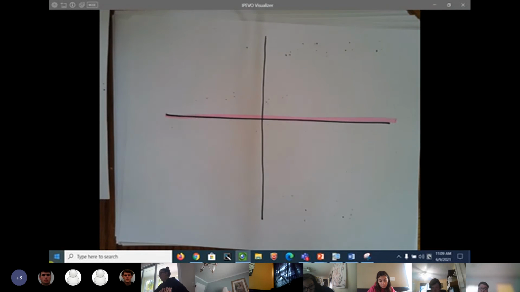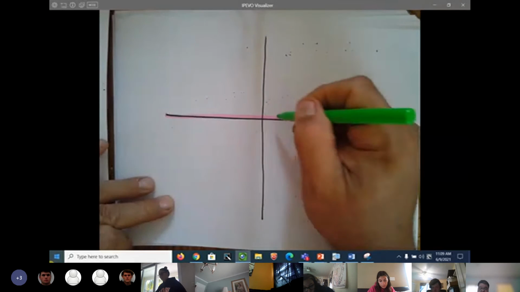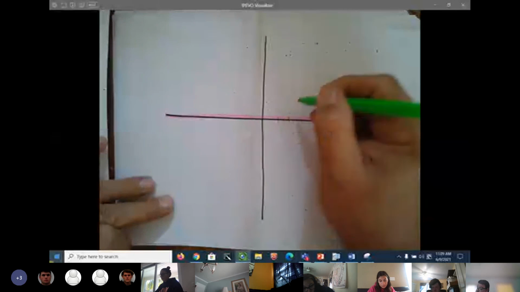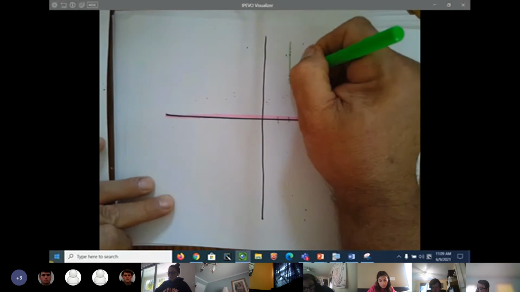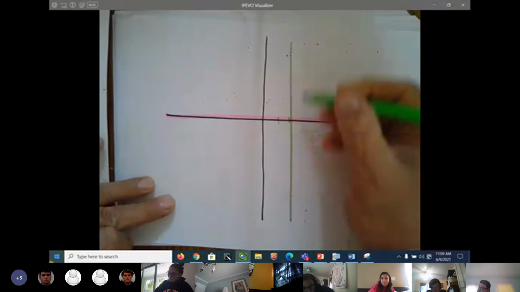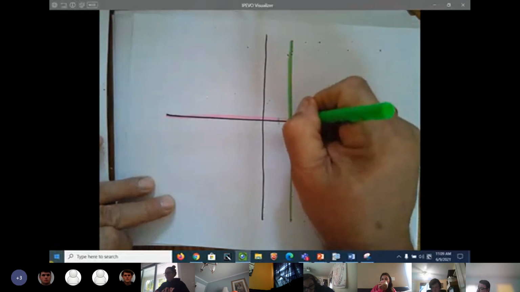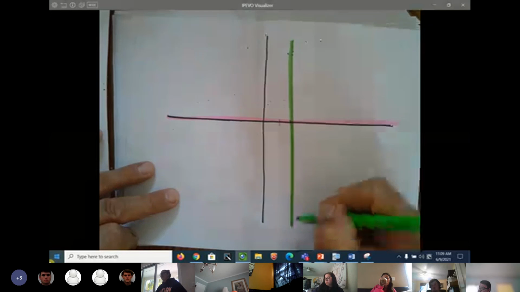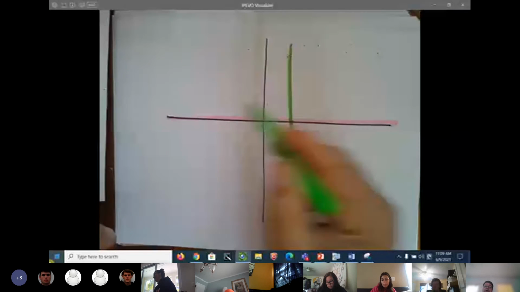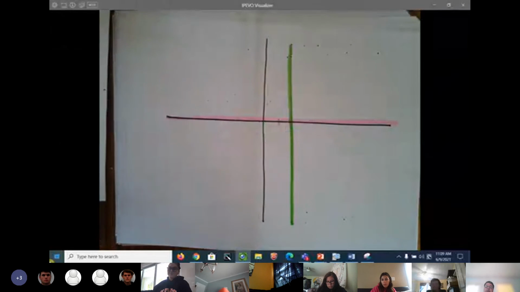And you've got a vertical asymptote of 2, which means you got a vertical asymptote like that. So whatever your function looks like, it's not going to touch these two lines.